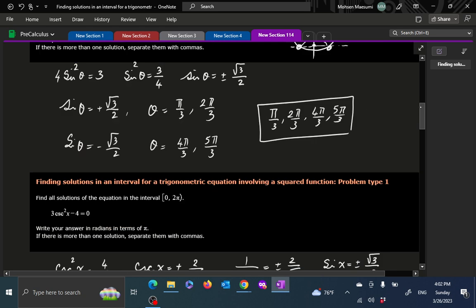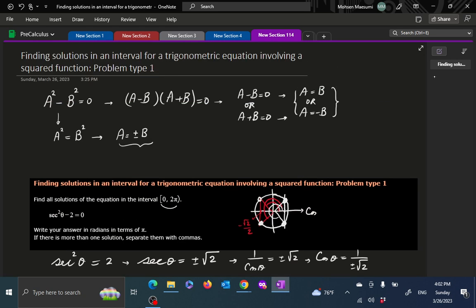Okay, so what did we learn in this section? If the equation is cast in the form of so-called perfect squares, something squared minus something else squared equal to 0, what are the solutions?